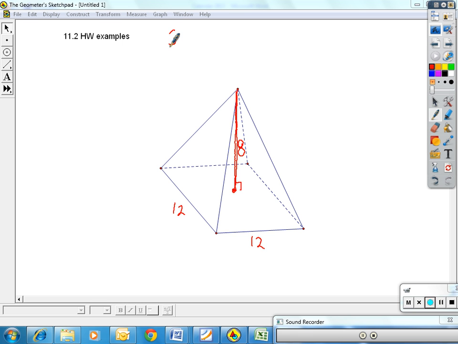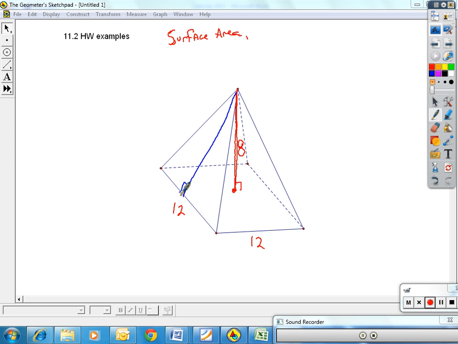Again, what is the surface area? Given this information, can you go and find everything else? What is it that I really need to find? I really need to find the slant height again. That slant height is so important to find the surface area.